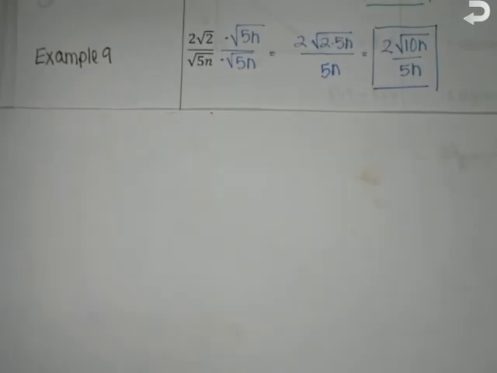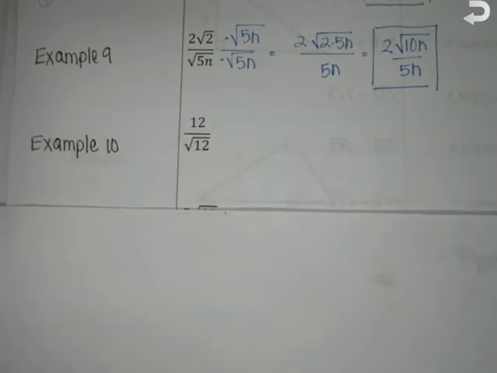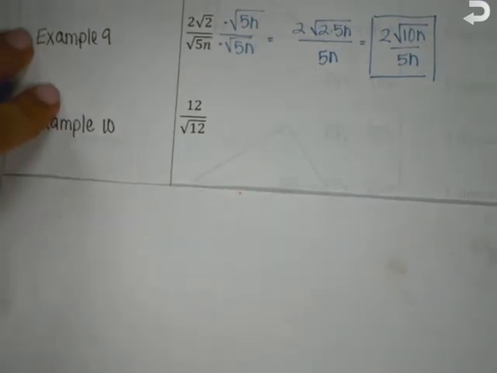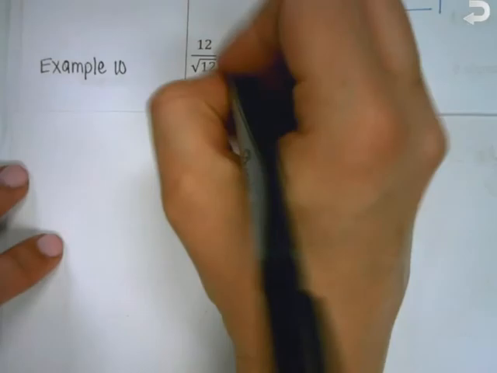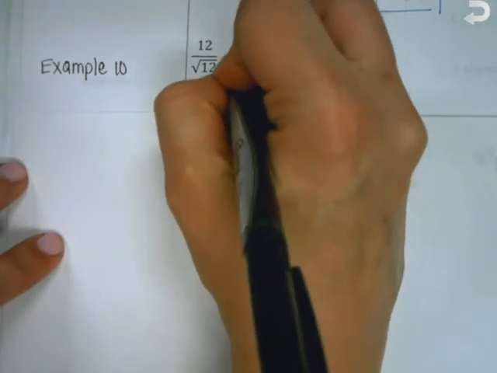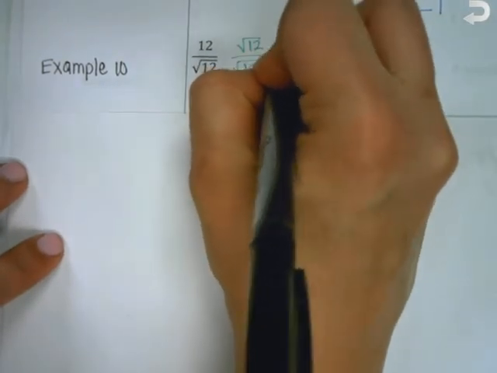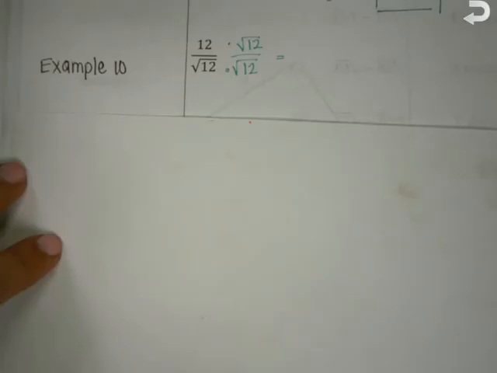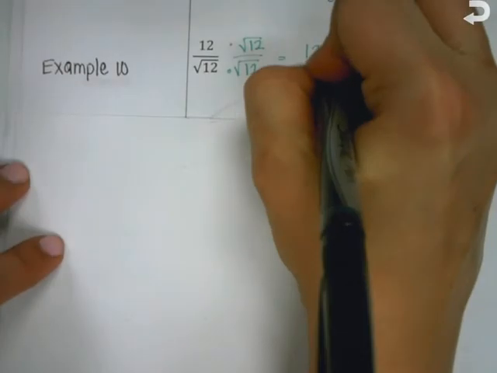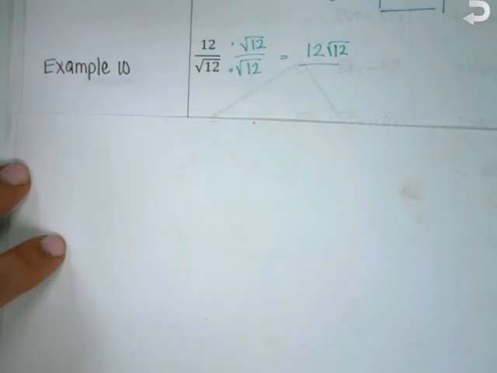Okay, let's try 10. What will I multiply by? Root 12. So top and bottom. Multiply square root 12 over square root 12. That is 12 root 12 over what? 12. Over 12. How can I simplify?